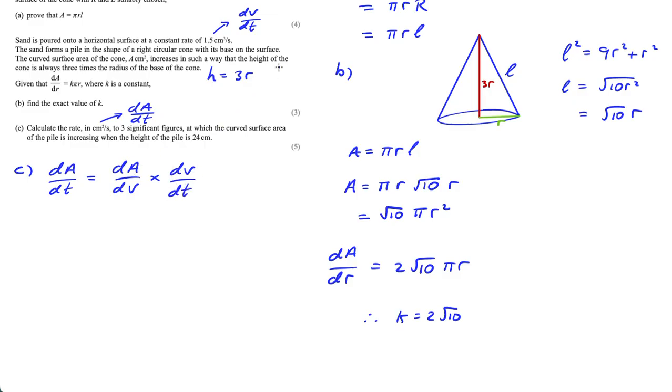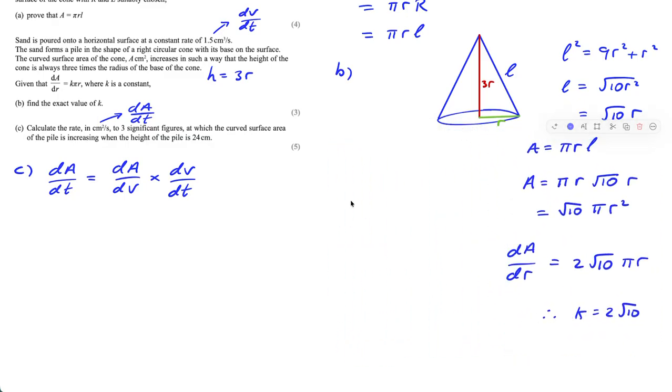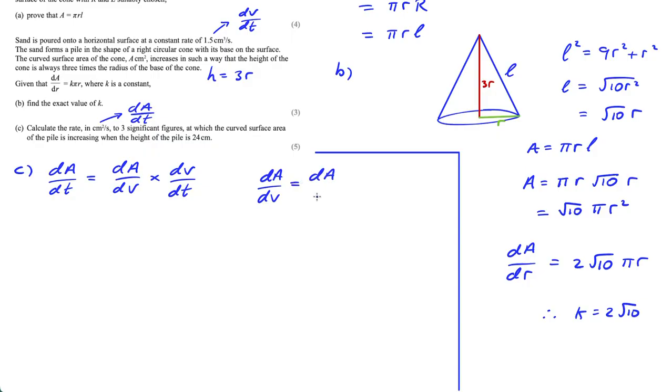That will help me get dA/dt. Now, how do I get dA/dV? That's a weird one to get. To get dA/dV, I need to bring in another variable. dA/dV will be dA/dr times dr/dV.